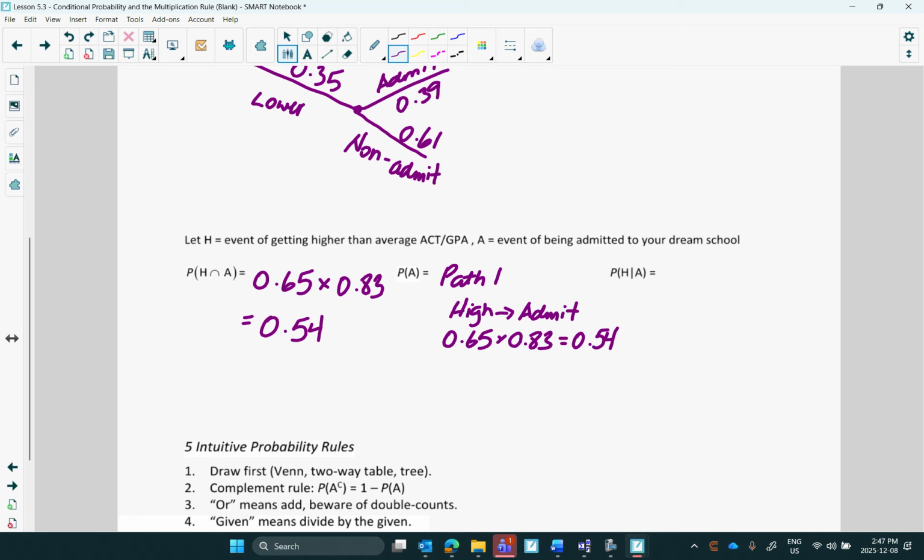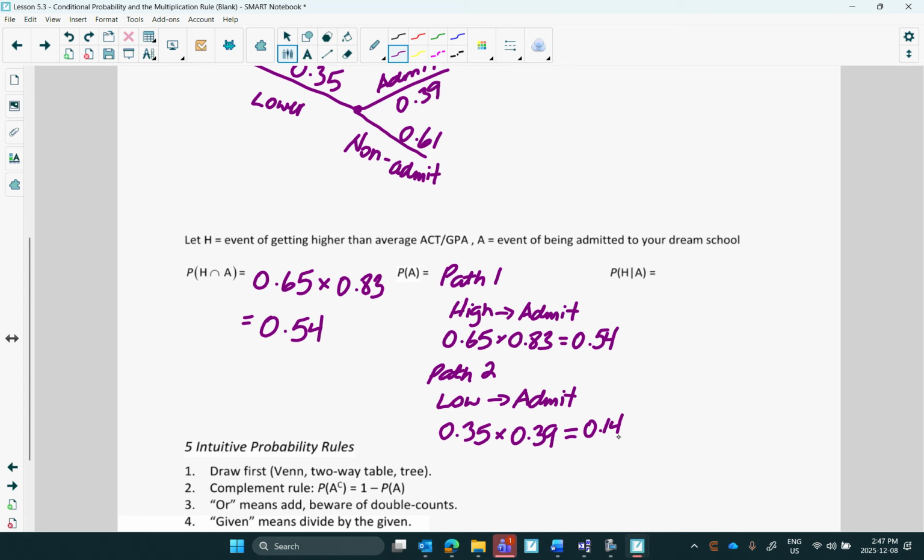But then there's also another path. There is a path where if you have a lower than average GPA and ACT, you get admitted. And that is 0.35 times 0.39, which gives us about 0.14.